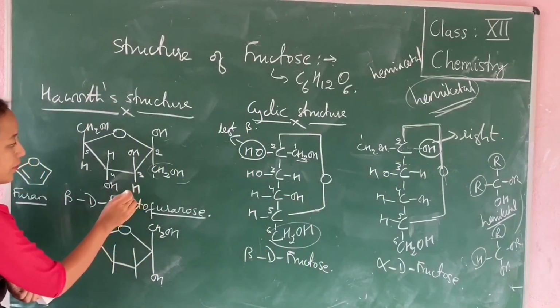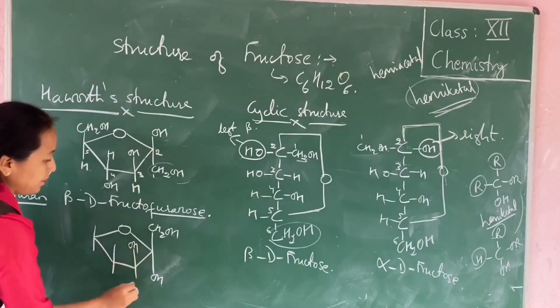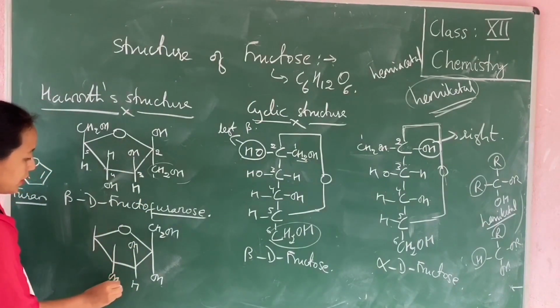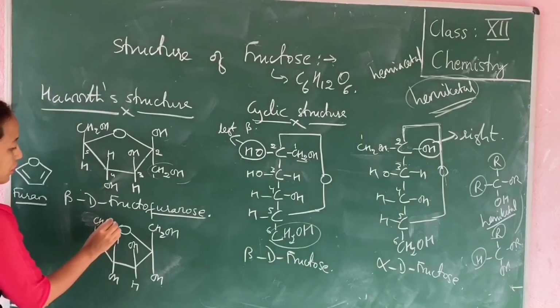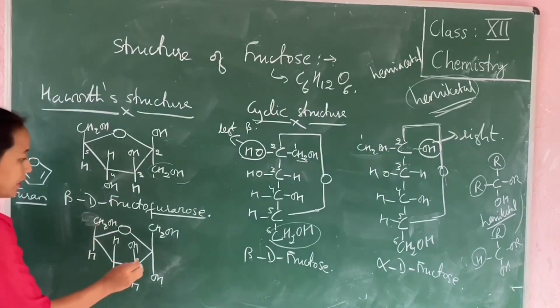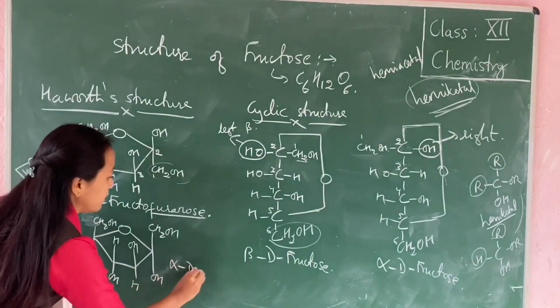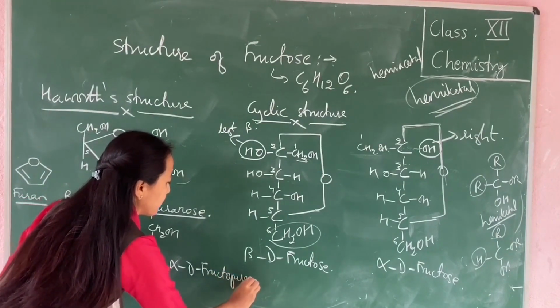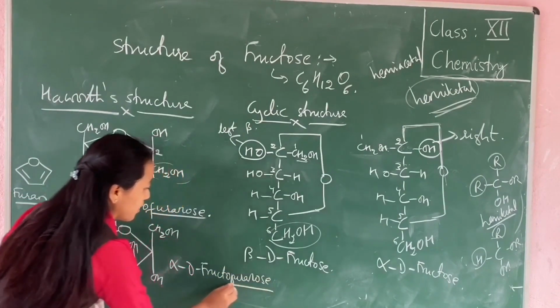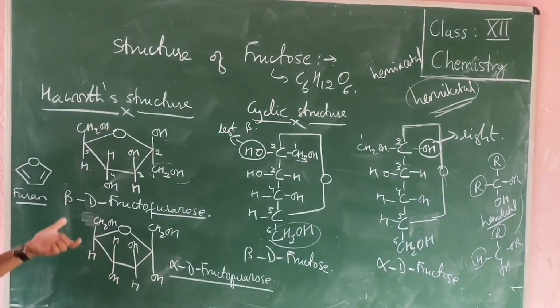And then you have these groups the same: OH, H, and then H, CH2OH. This is alpha-D fructose. So that's about the Haworth structure.